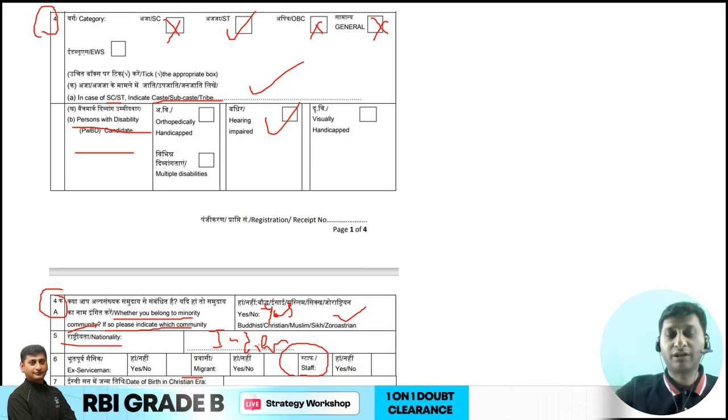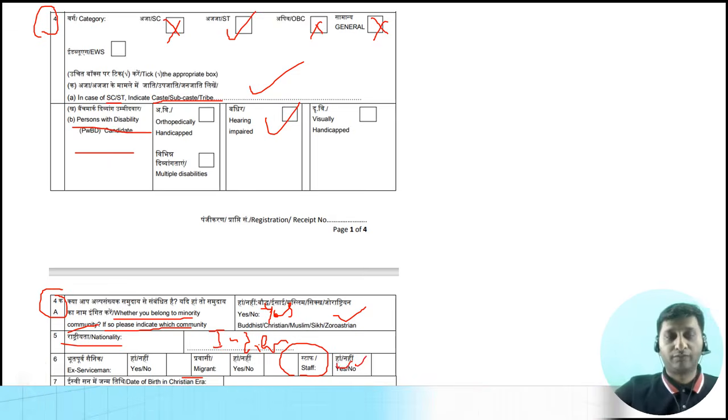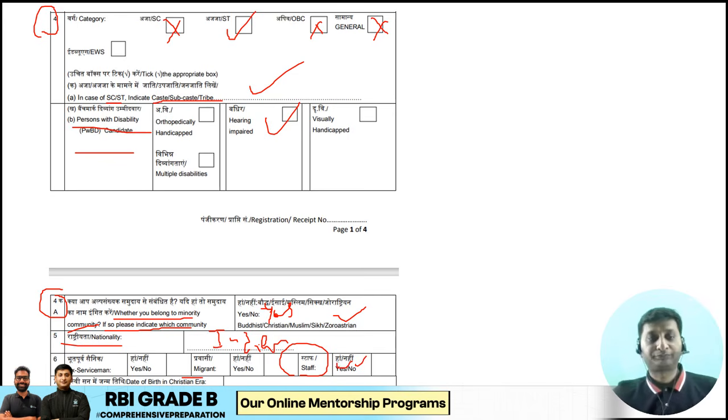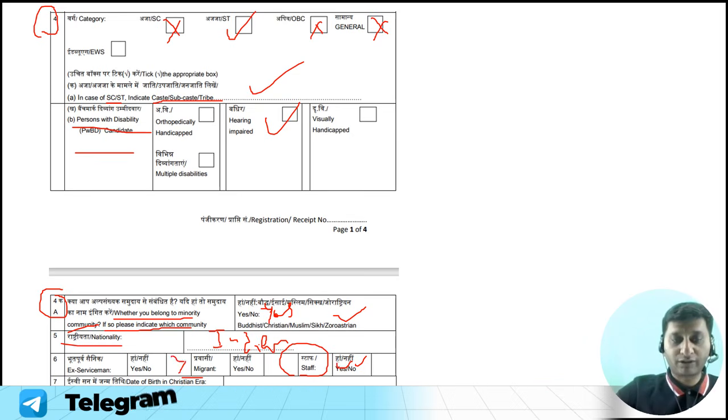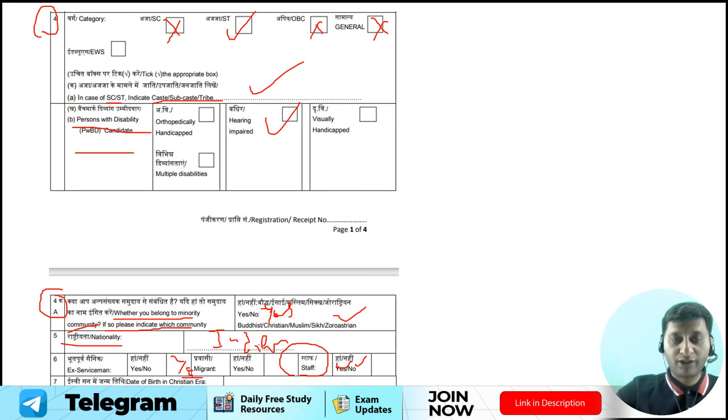Otherwise, you can tick on no. I hope this is pretty clear. Or even if you do not want to tick it, you can write yes or no in these boxes.